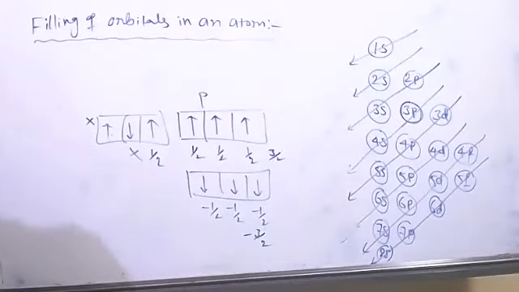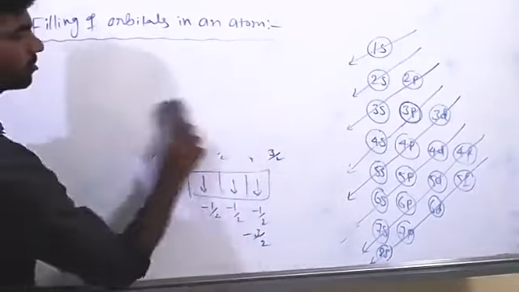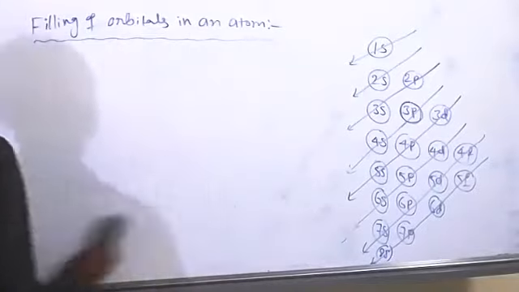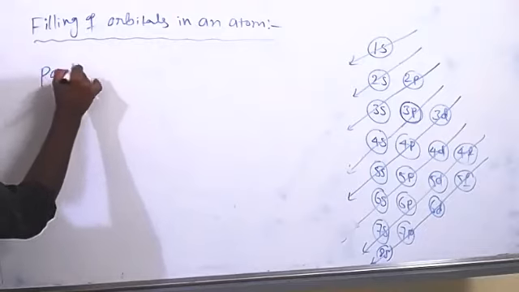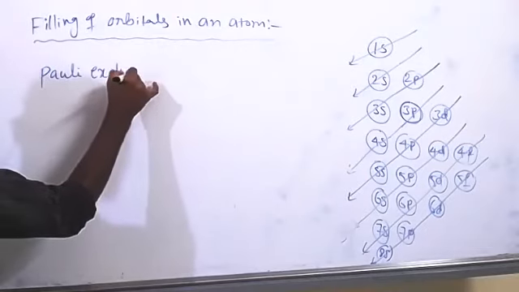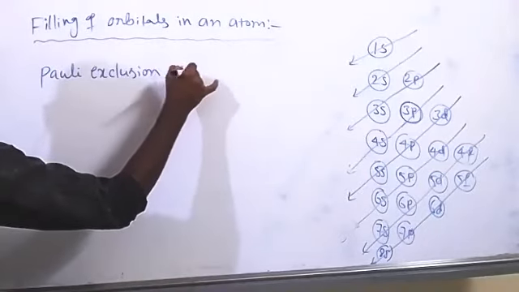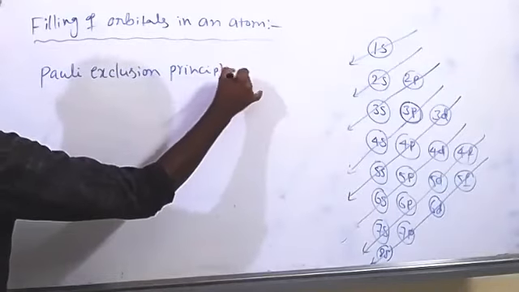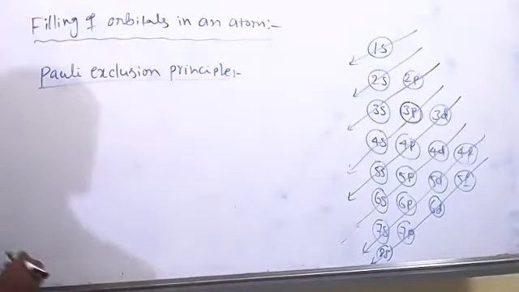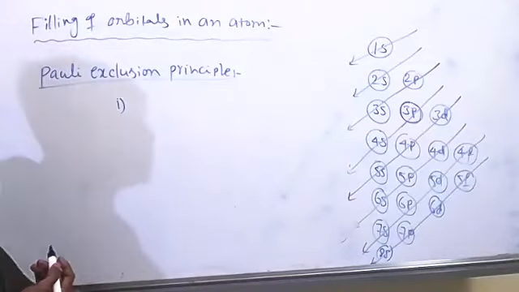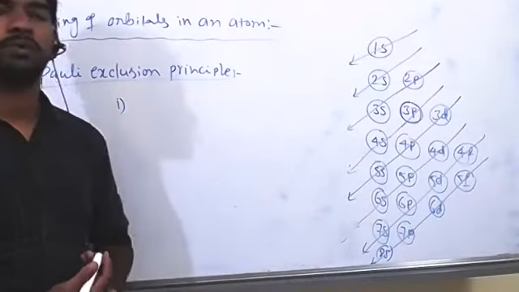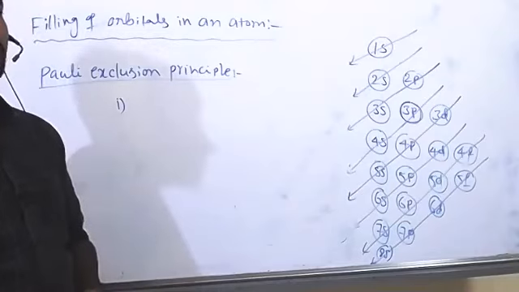Last one, Pauli's exclusion principle. It has two definitions. The first definition is that no two electrons in an atom have the same four quantum numbers.